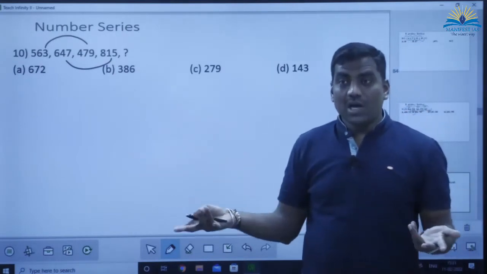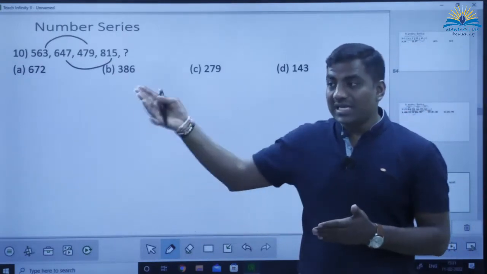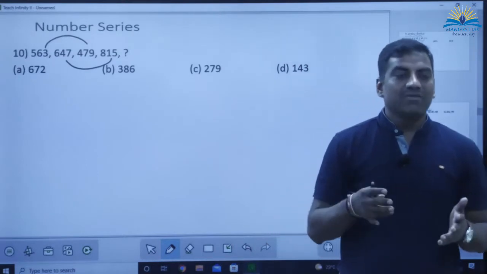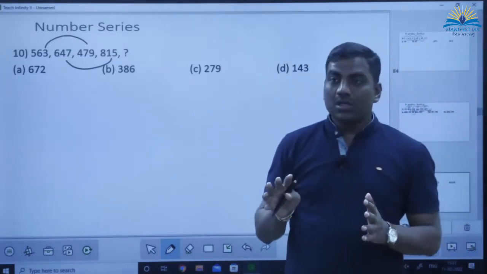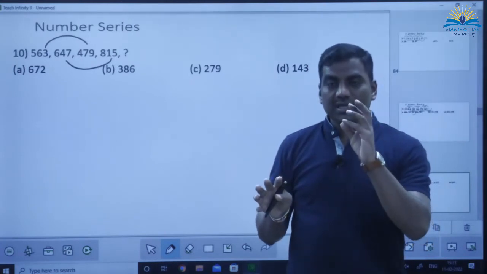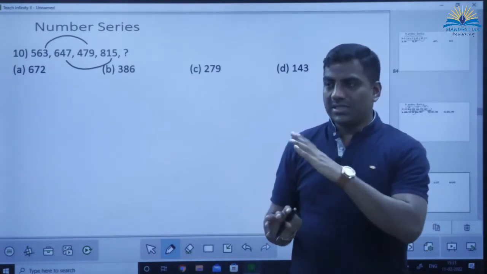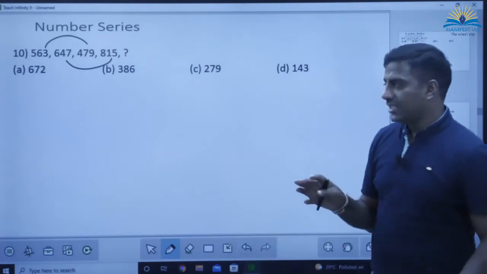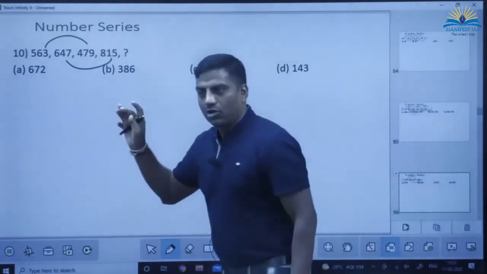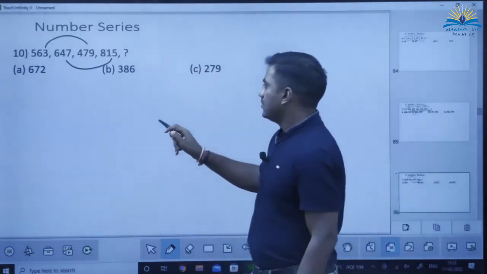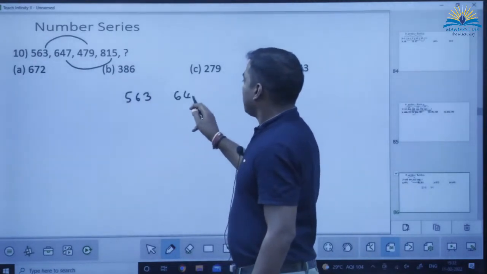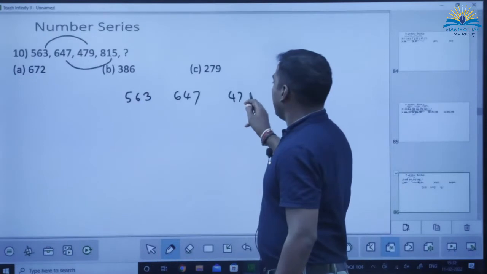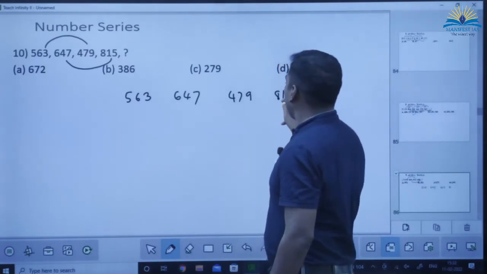The next thing, how would you know that the same thing has to happen? They have not given that they are in AP or GP. So, to ascertain the pattern only from 2 numbers, it is highly difficult. So, that is why go for all the 4 numbers only, find the difference. 563, 647, 479 and 815.